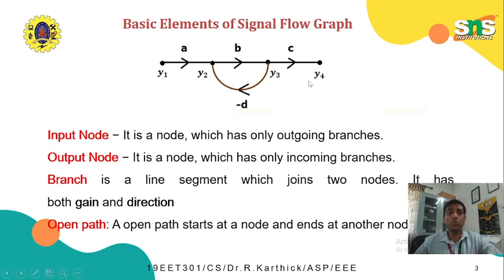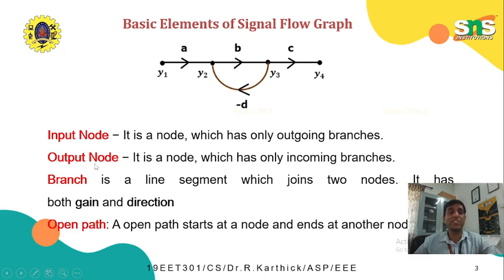Similarly, y4 is the output node, which has only incoming branches. The signal to y4 is only incoming, so a node which has only incoming branches is called the output node.